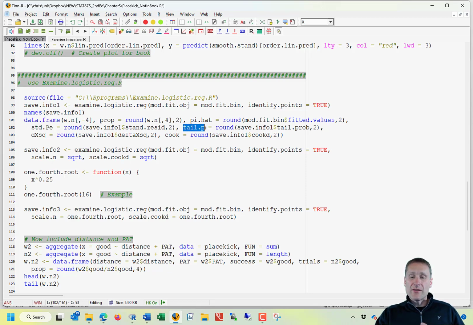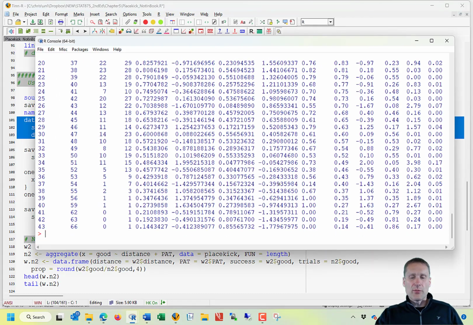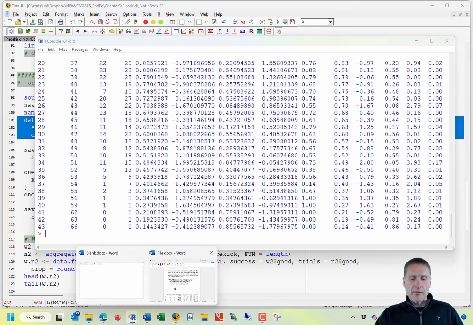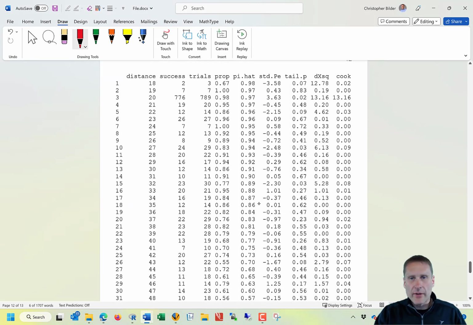I also put in those tail probabilities that we looked at before as a measure of how extreme a particular standardized Pearson residual is. I have the delta x squares. I have the Cook's distances. So if I go ahead and do that, all these values print to my screen. Let me come back over here and take a look at it this way.